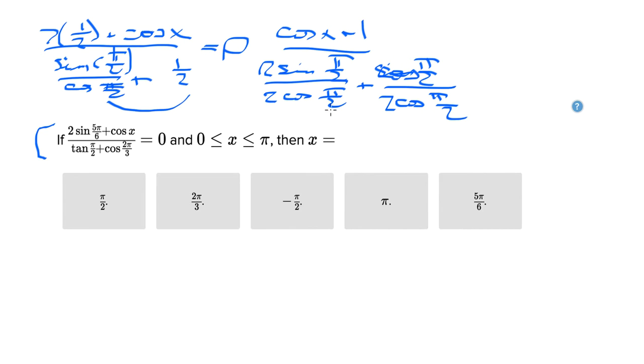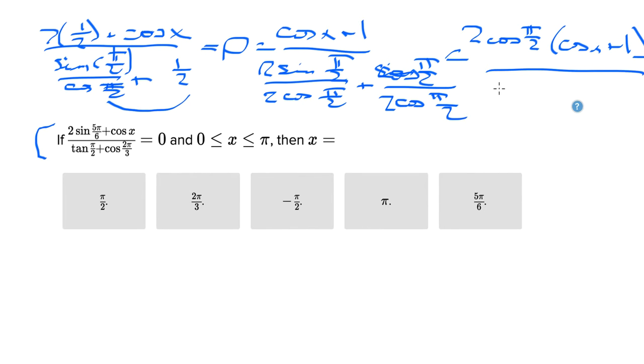we can move this 2 cosine of pi over 2 up top. And that's going to look something like this. We're going to have 2 cosine of pi over 2 times the cosine of x plus 1, all over the 2 sine of pi over 2, which we know to be just 2 times 1, because sine of pi over 2 is 1, right?